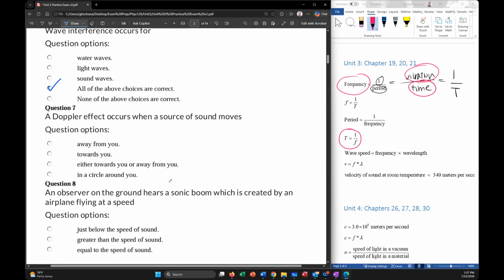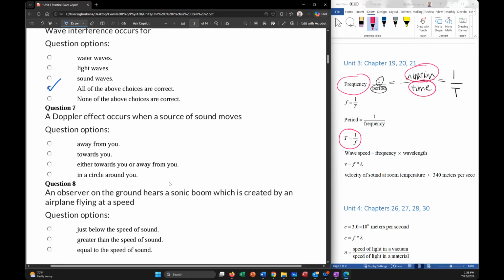Sometimes they explain it with wavelengths. When moving toward the sound source, the frequency increases and the wavelength decreases. When moving away, the frequency decreases but the wavelength increases. It happens for light as well: when moving toward or away from a light source, its wavelength and frequency will change. We call this the Doppler effect.